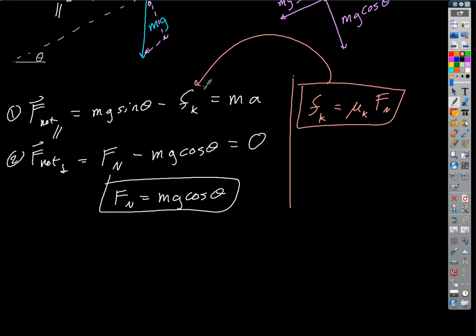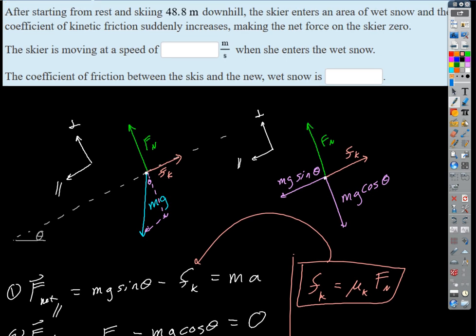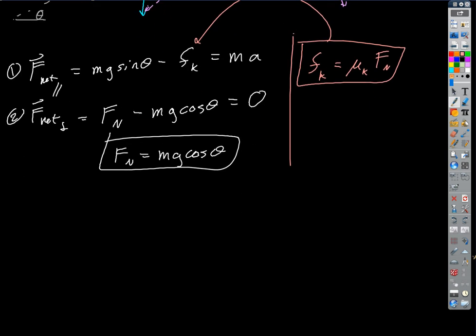So that could get plugged in up here in equation number 1. And what does that make equation number 1 then? We end up with equation 1 prime. We just made one little change to it. We end up with mg sine theta minus this.